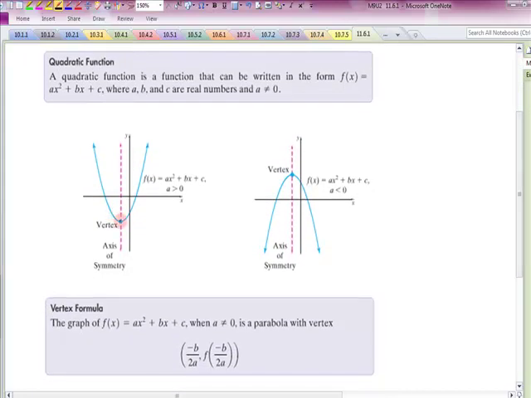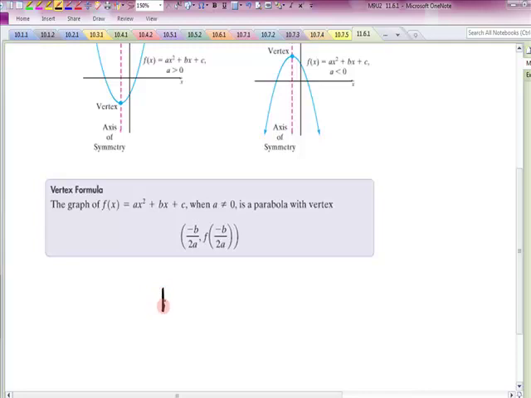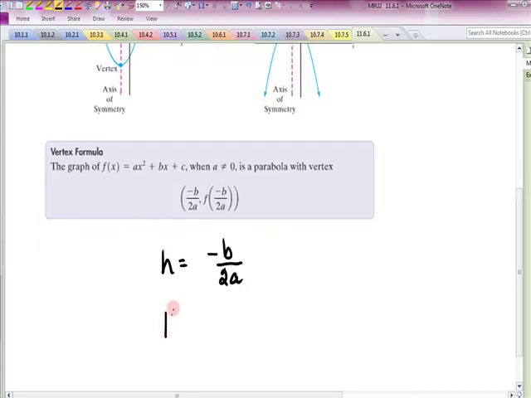Remember, we're trying to find the coordinates of the vertex. We're going to continue to call them h and k. The h coordinate of the vertex can be found by taking negative b over 2a, where there's a, there's b. The k coordinate, remember the k goes with it, h and k, instead of just calling it x and y.